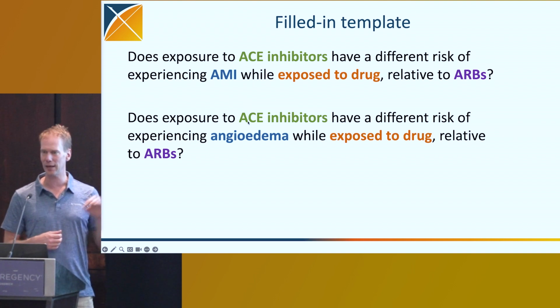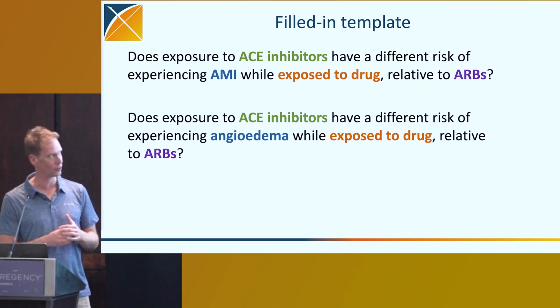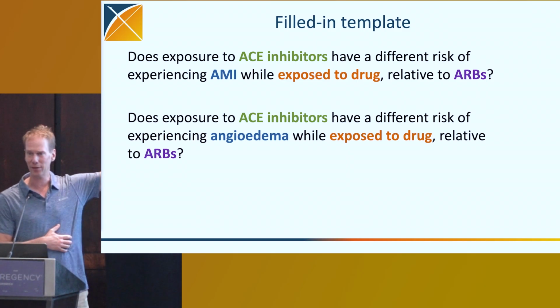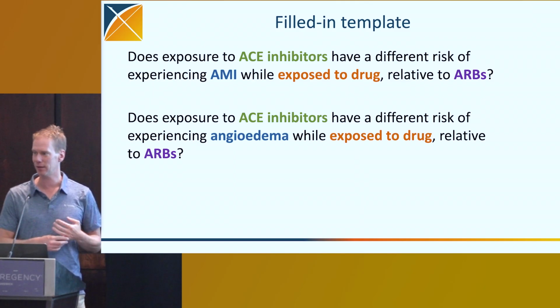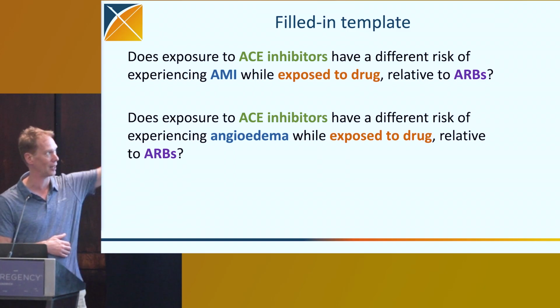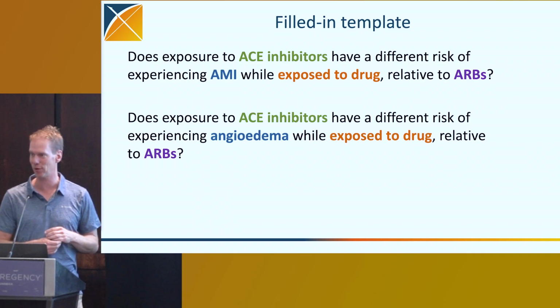I'm here defining an on-treatment time at risk, so while exposed to the drug. I actually had to look it up: angioedema is not considered to be acute. But if the outcome were anaphylaxis, then we might say, well, I don't care about the full period when people are on the drug.